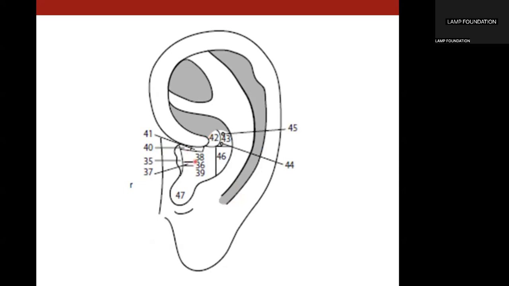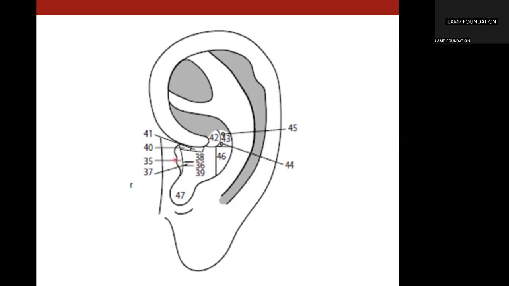Okay, let's go now to the points of the cavum concha. 35 is the mouth. As you can see, it curves like a smile to parallel the lateral border of the external auditory meatus. 36 is heart, the deepest point of the cavum concha at the level of the center of the mouth point.